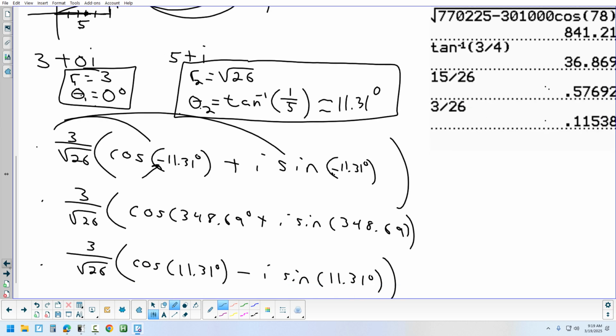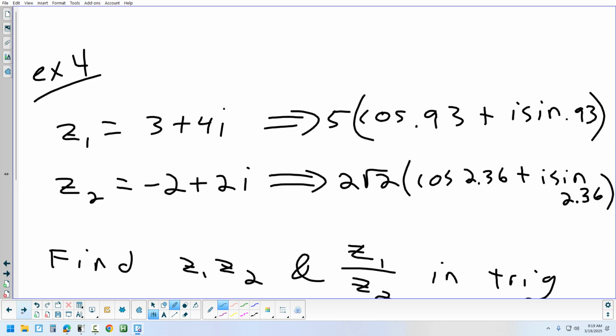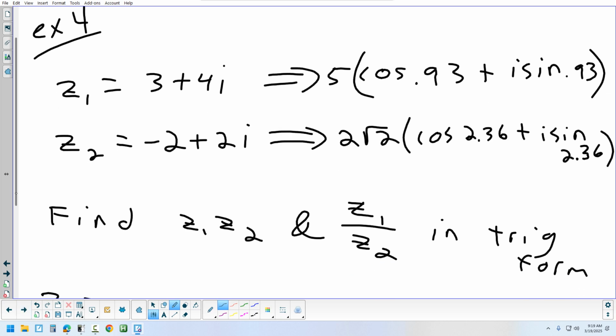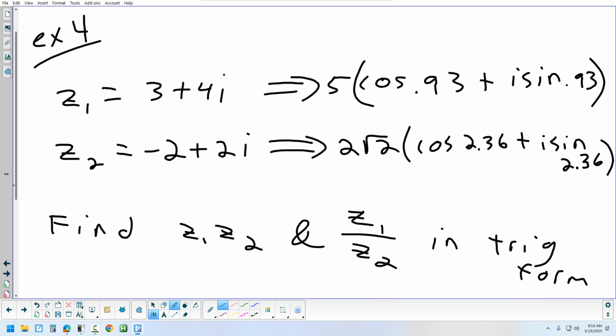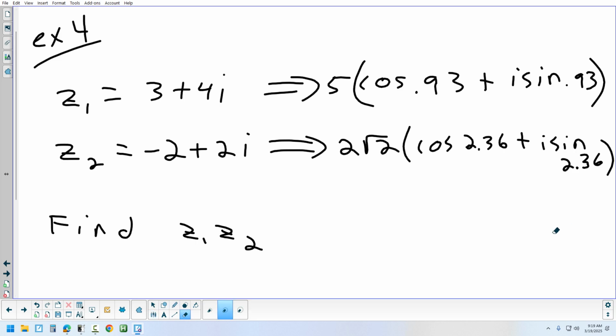All right, so that's dividing. Let's try one with multiplying. This time I'm going to give you two numbers to work with. I've already changed them to trig form for you. Changing them to trig form is probably the longest part of the whole problem.